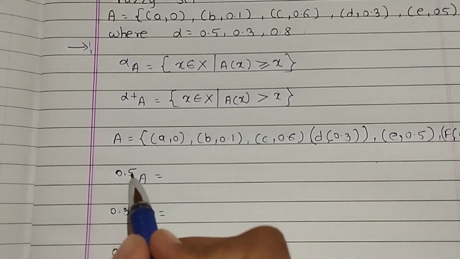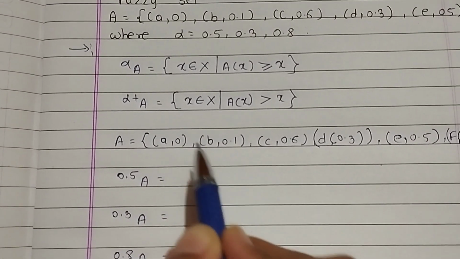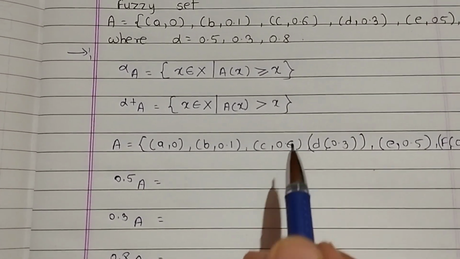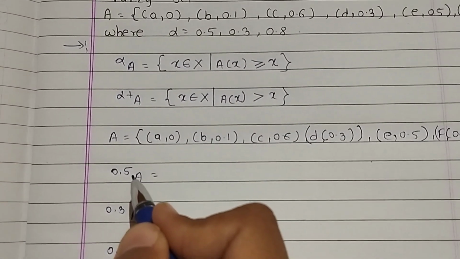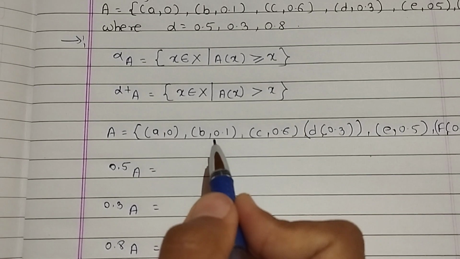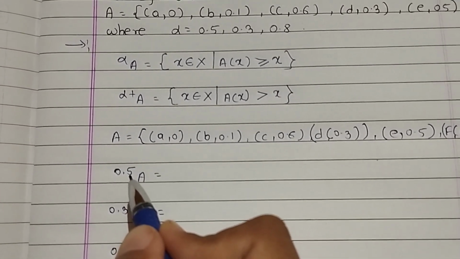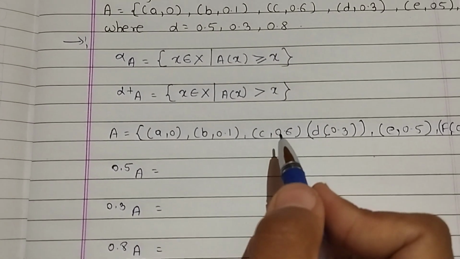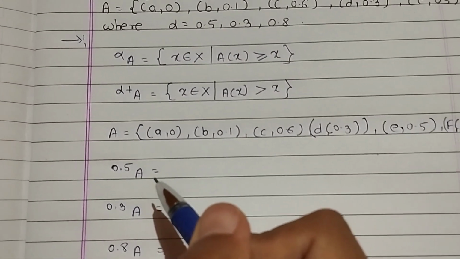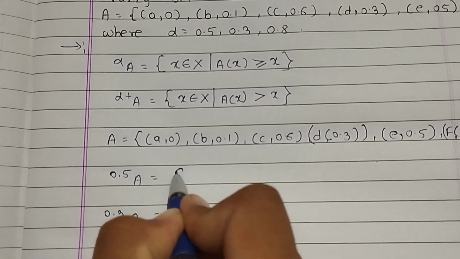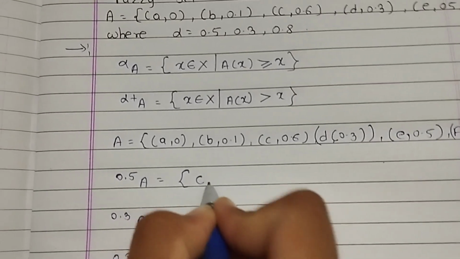So 0.5 is always compared with the images given in our fuzzy set. Is 0 greater than or equal to 0.5? No. We move to the next. Is 0.1 greater than or equal to 0.5? No. Again, next one. Is 0.6 greater than or equal to 0.5? Yes. So we write C in the set.